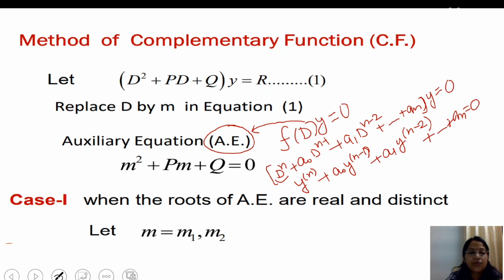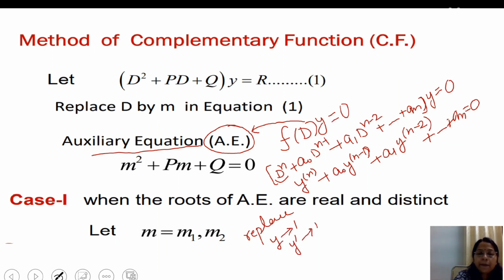Now the step to find the auxiliary equation is that we replace y by 1, y dash by m, y double dash by m square, y triple dash by m cube.